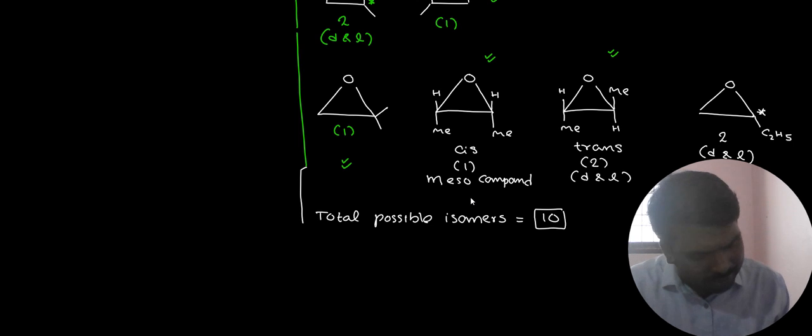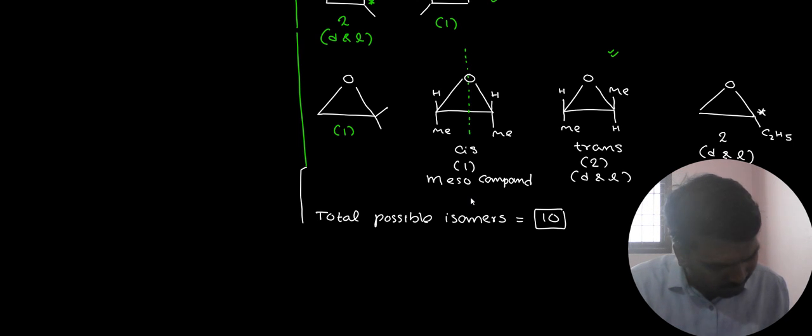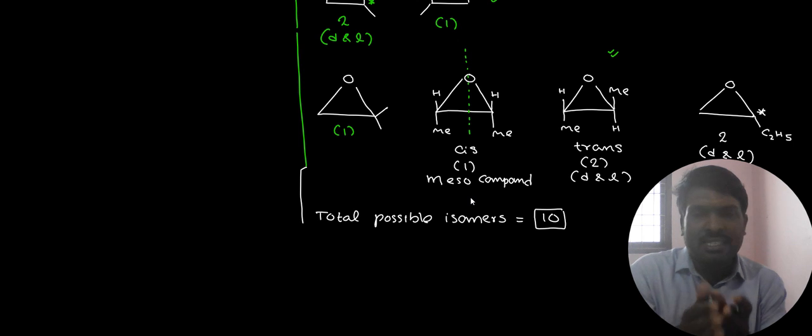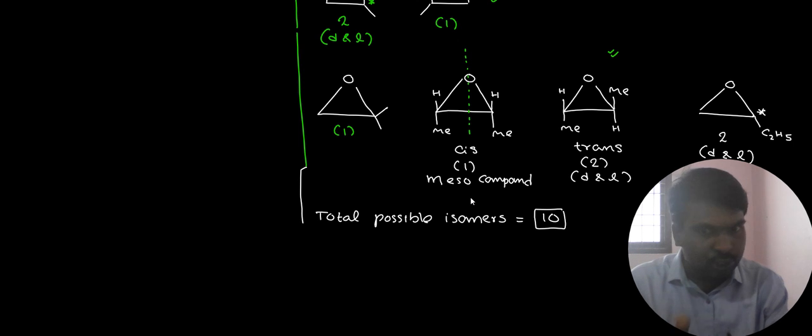Here a plane of symmetry exists. So a plane of symmetry existing means it is a meso compound. It is the cis isomer. Overall the compound is achiral, optically inactive. So only one compound exists.